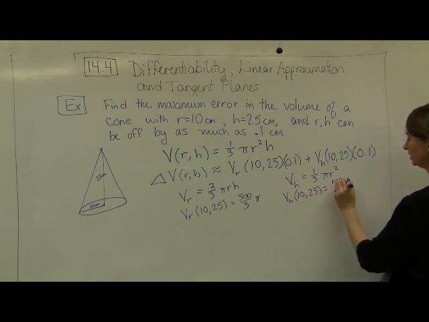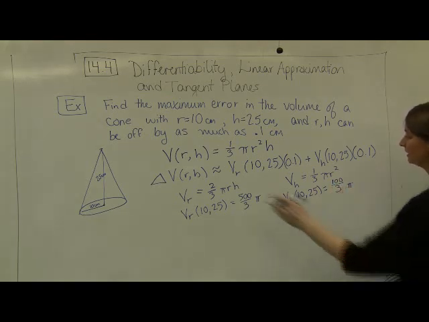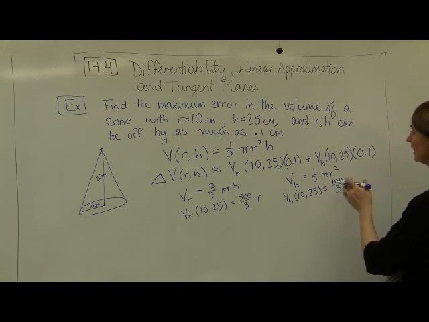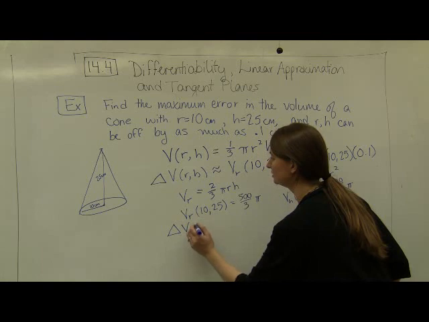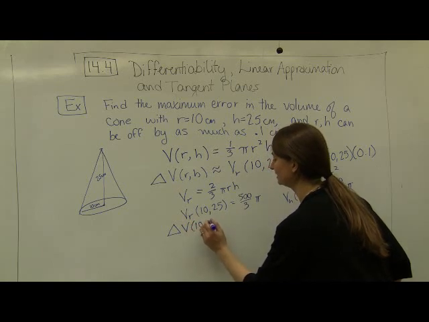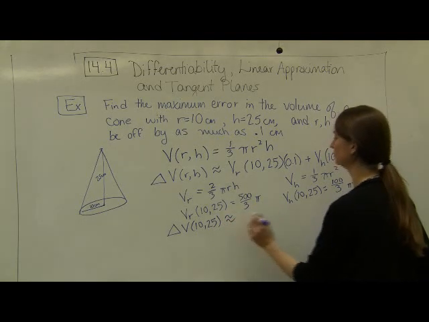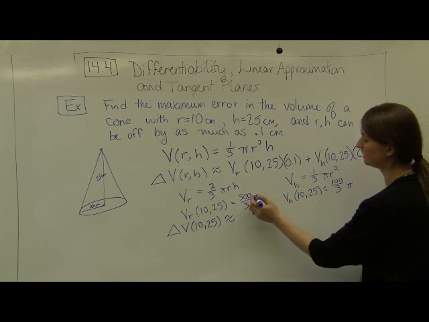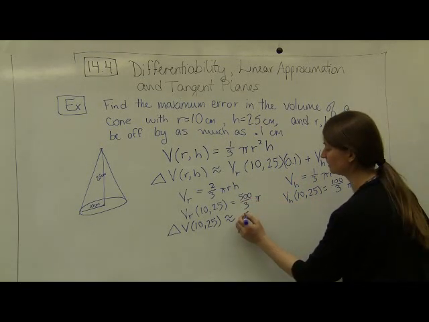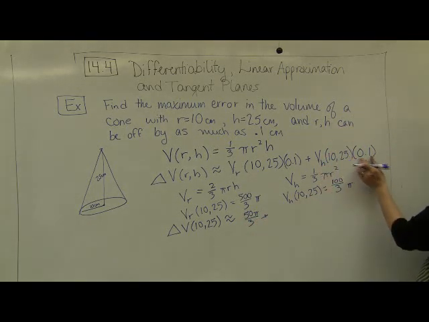So now, putting all of these pieces together, I'm going to find out that my maximum error, my delta V term, at (10, 25), given the errors that we've talked about, is about equal to this term times 0.1. 0.1 is going to make it 1/10 as big, so I end up with 50 pi over 3, plus this term, which is exactly equal to this times 0.1.